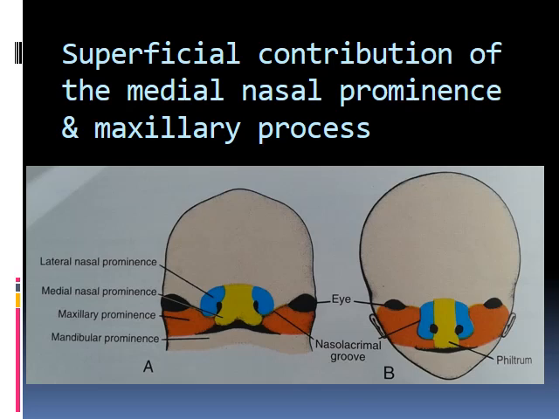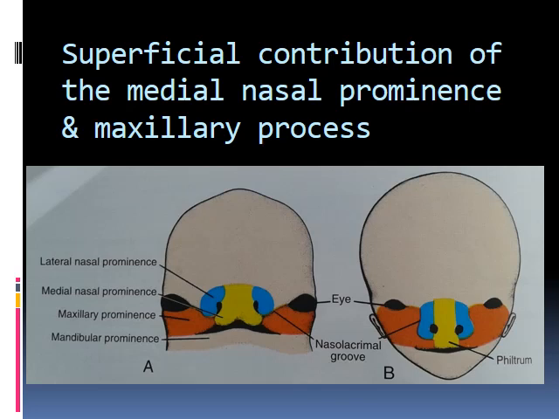So to understand the primary palate, let me tell you again about the superficial contribution of medial nasal prominence and maxillary process. We have already learned the superficial contribution, that means what we can see.